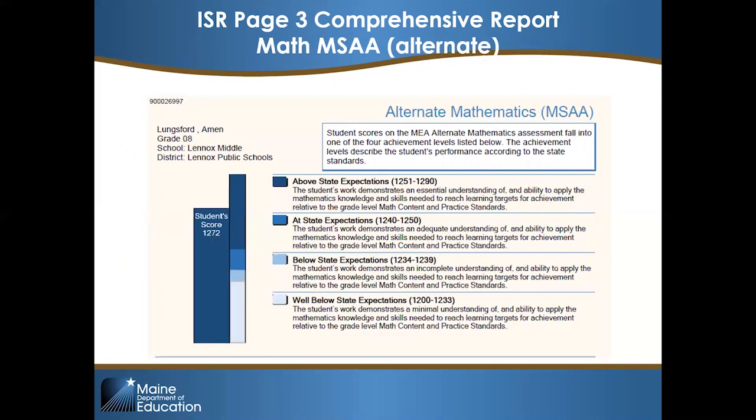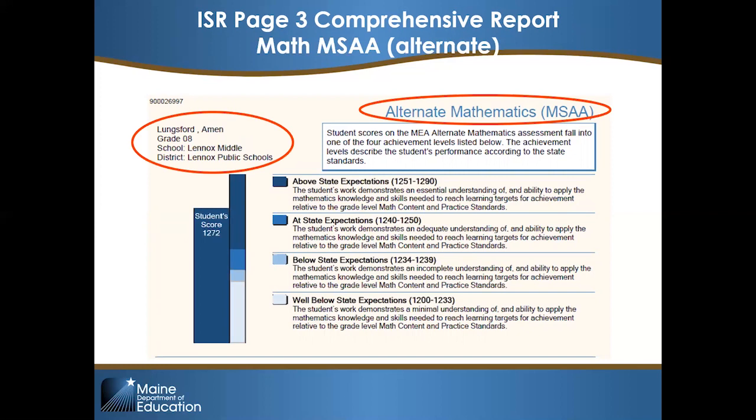This is page 3 of the ISR for a student who took the alternate math assessment, MSAA. Again, Amen is our 8th grade student at Lenox Middle School in Lenox Public School District. Amen received a scale score of 1272 with an achievement level of above state expectations for 8th grade math, with the definition of the achievement level.